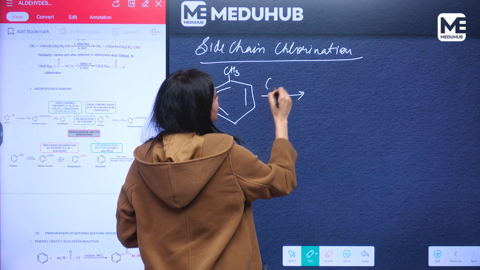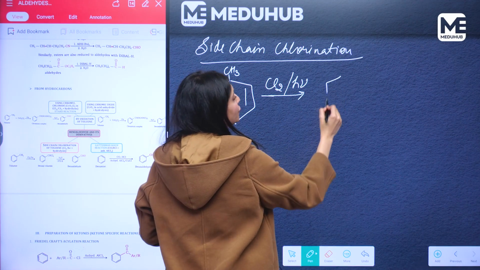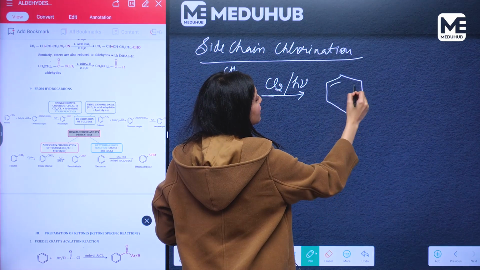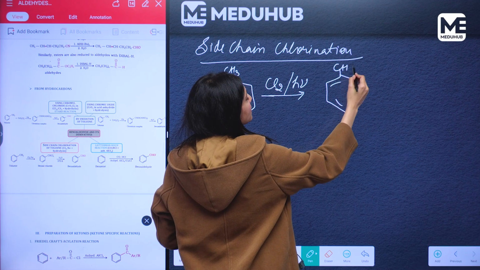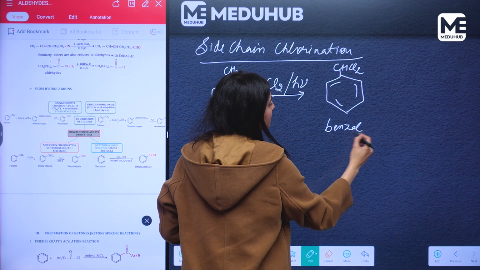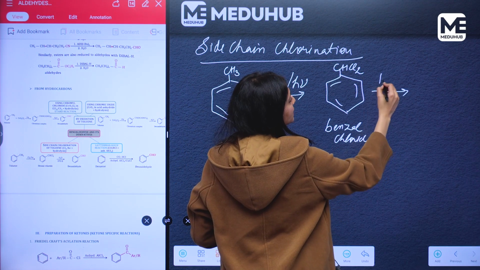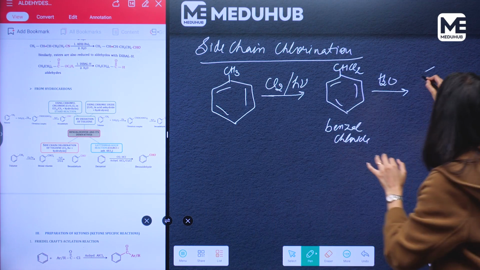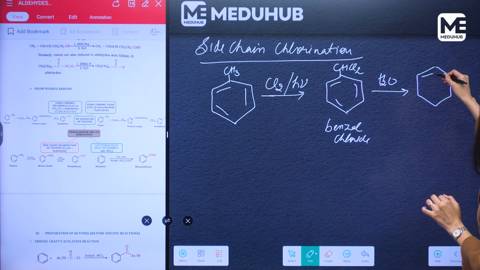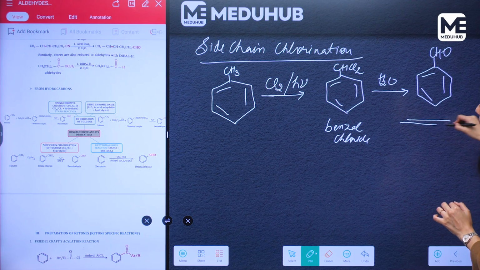When we treat it with Cl2 in the presence of light, that is hv, first we will get benzyl chloride, which again on hydrolysis will give us benzaldehyde here. Okay.